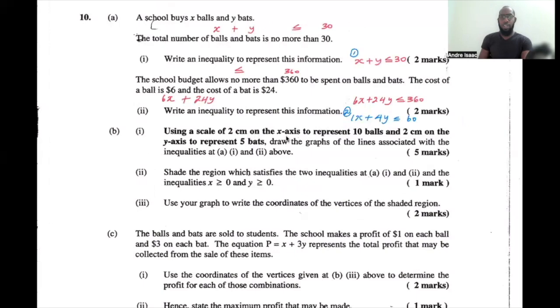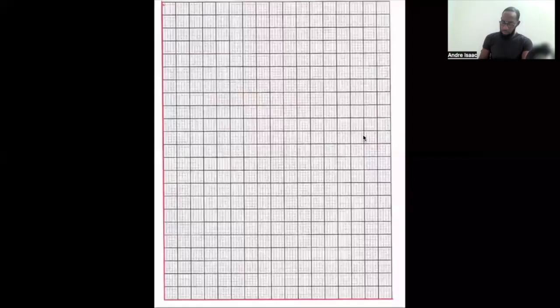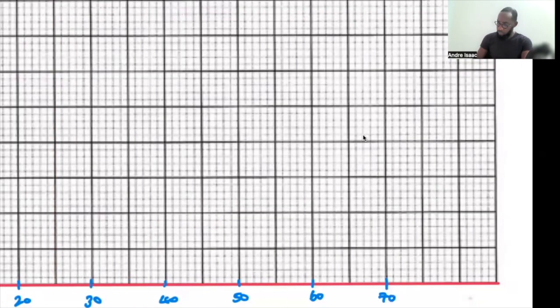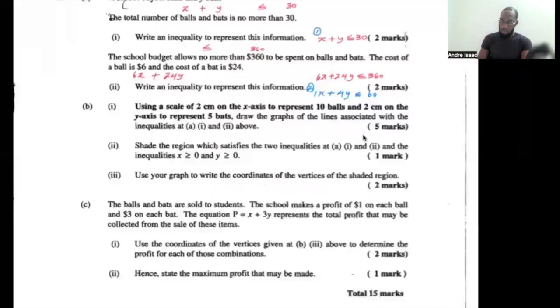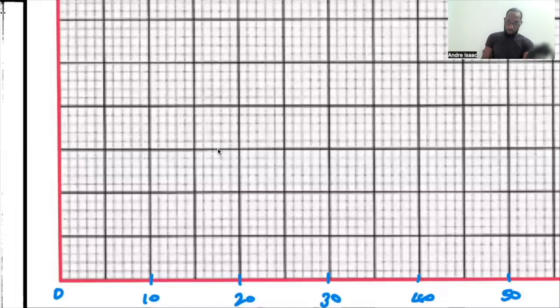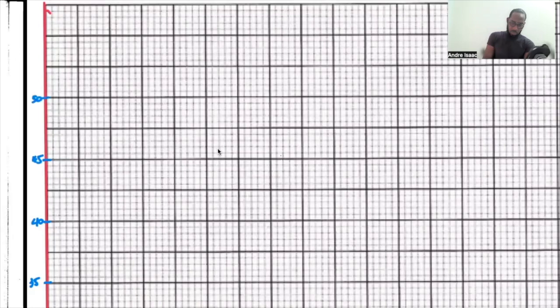Balls is just x, so 2 cm on the x-axis represents 10 balls, and 2 cm on the y-axis represents 5 bats. This axis represents bats, Y.